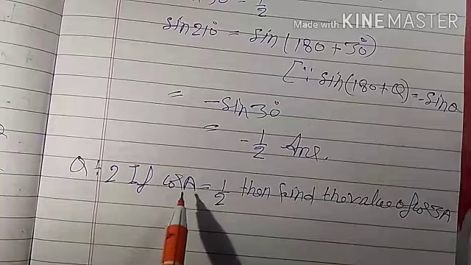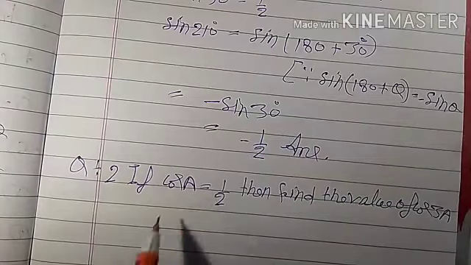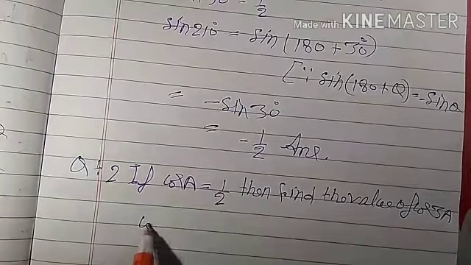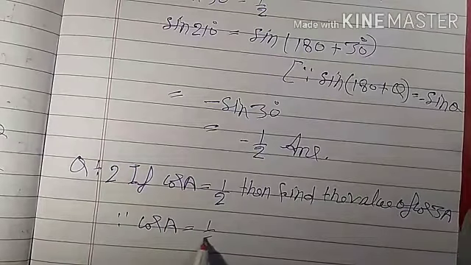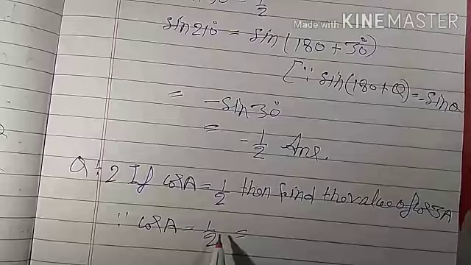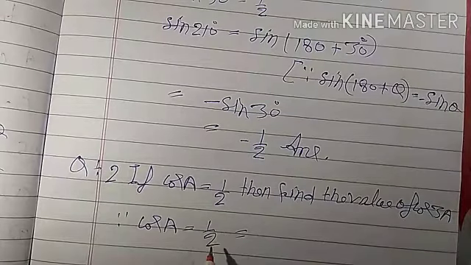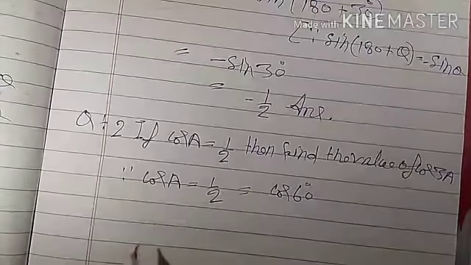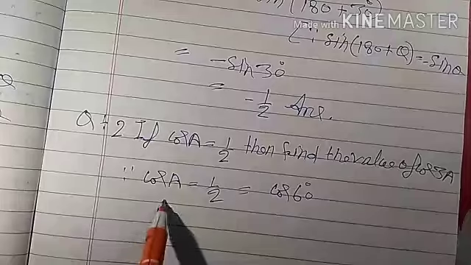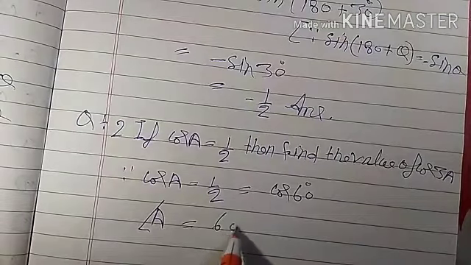So cos A is equal to 1 by 2, and we know that cos A equal to 1 by 2 is cos 60 degrees. So we can write angle A is equal to 60 degrees.